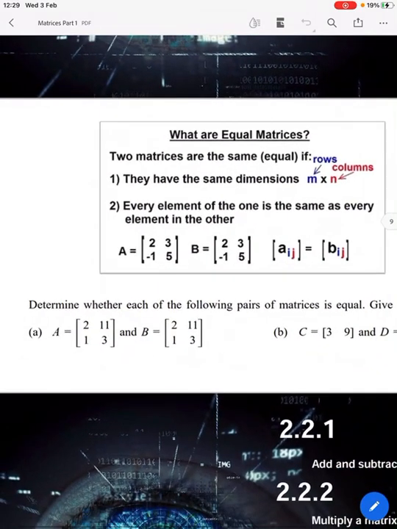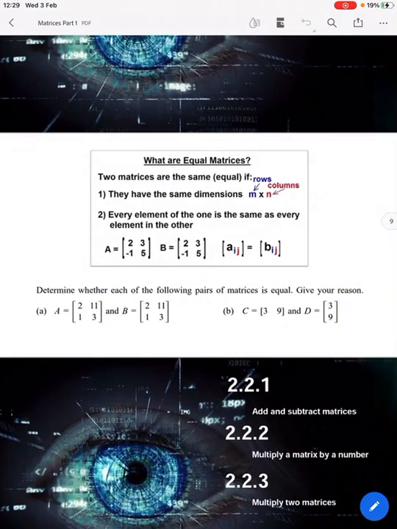Next we have an exercise here. Determine whether each of the following pairs of matrices is equal. Give your reason. The first one, a matrix of 2 11 1 3 and 2 11 1 3, A and B are both the same. We can just directly see, it's obvious.